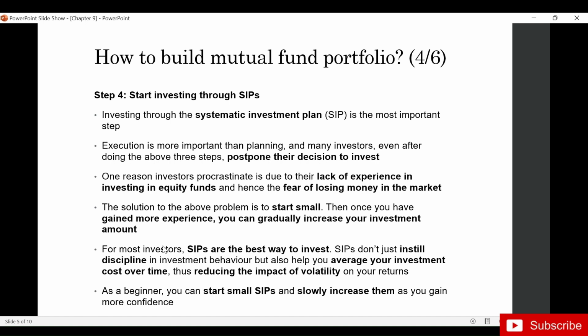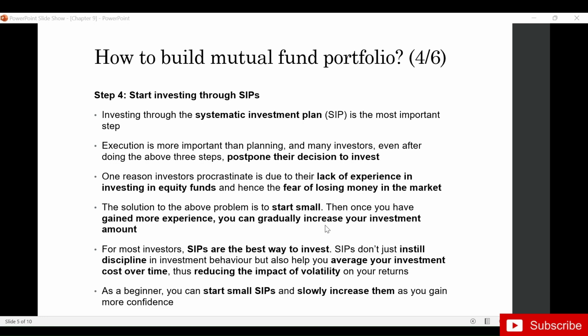Now we come to step 4, which is start investing through SIPs. SIPs, as we know, are systematic investment plans, and this is the most important step. Here, execution is more important than planning, and a lot of investors, even after doing the three steps, postpone their decision to invest.